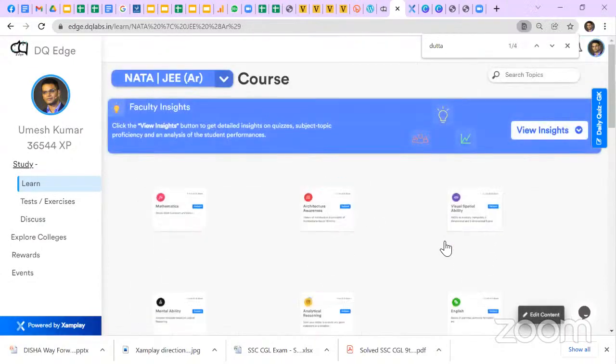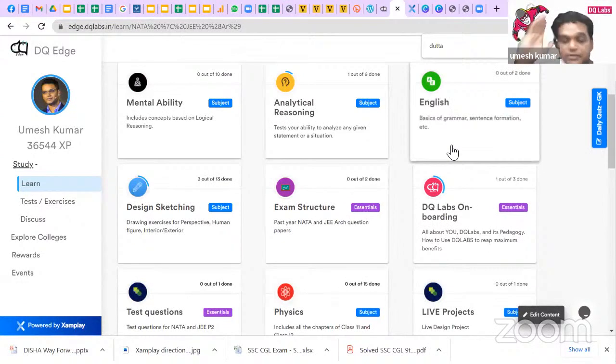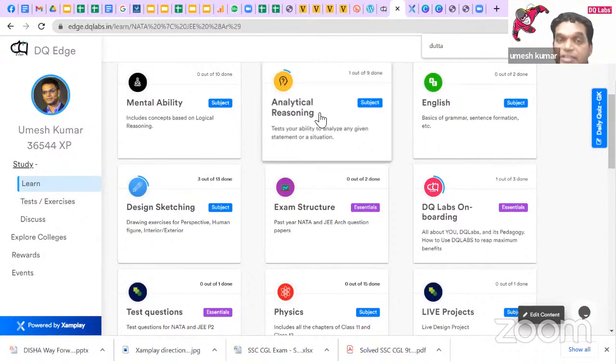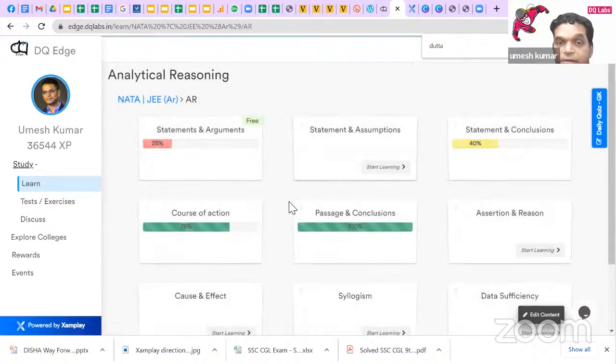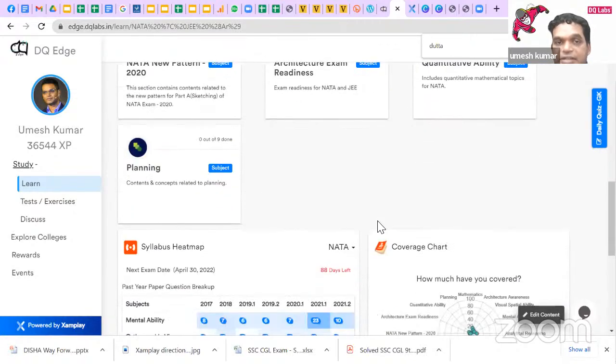You can do self-study, or if you join DQ Labs, we also have a plan of action, a yearly plan or a 3-month plan, etc., and you will be following that with the help of the in-class teaching. So I would want you to explore all the study material that is already available.